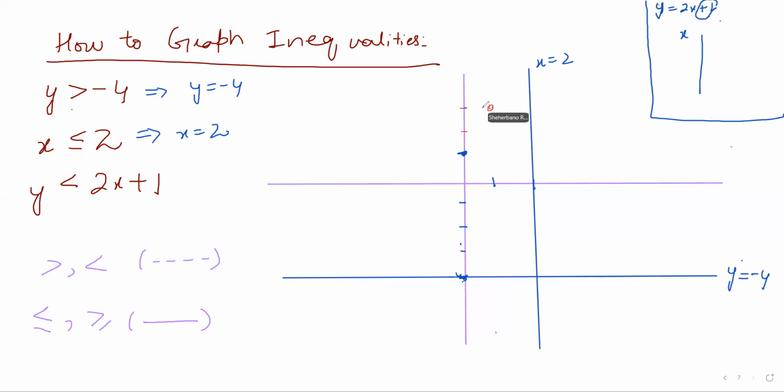And below, the point will be here, because it's going to be 2 rise and then 1 run. So we got this line as y is equal to 2x plus 1.